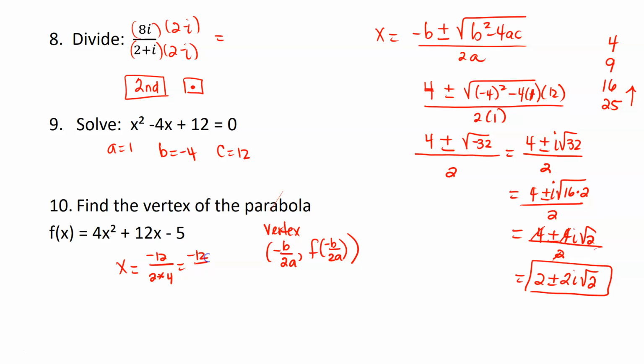So I end up with negative 12 over 8, which reduces to negative 3 halves. Take negative 3 halves, substitute it in place of x. And then just take all of this, put it in your calculator, and you end up with negative 14. So the vertex is (-3/2, -14).